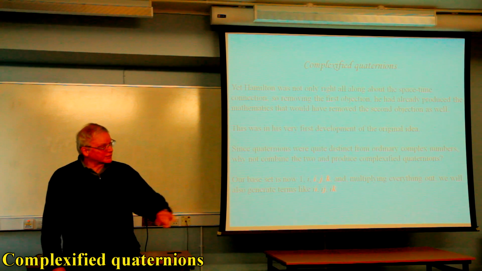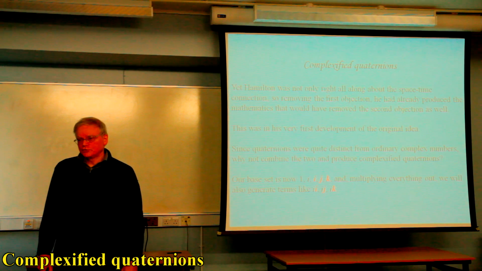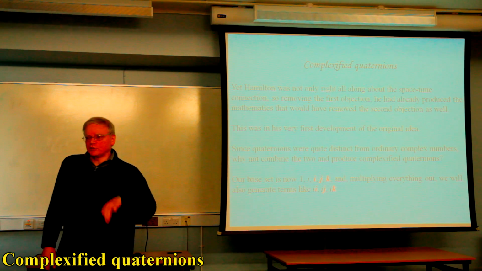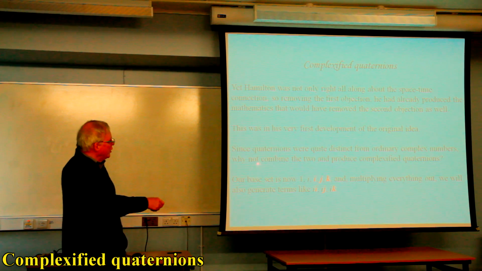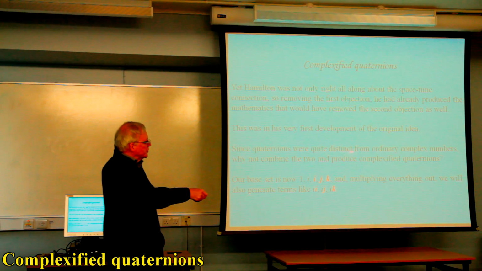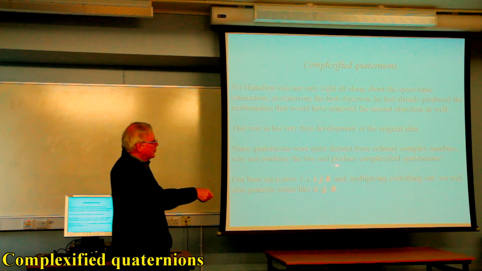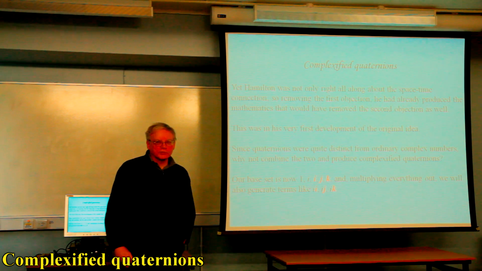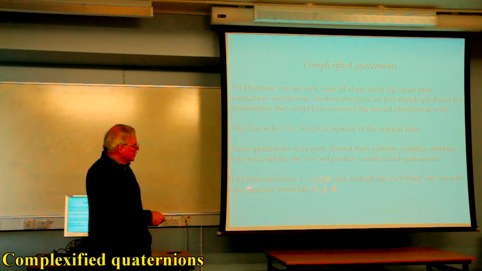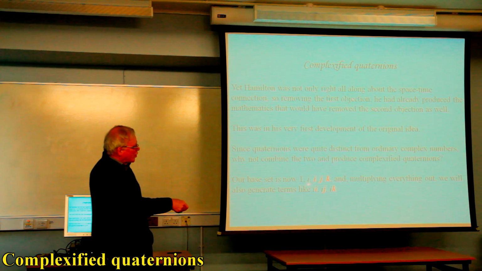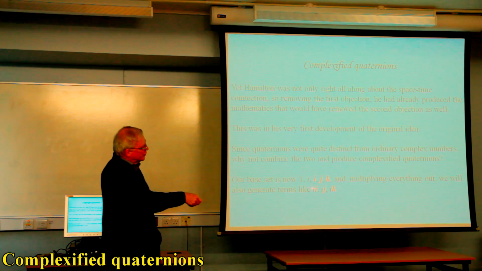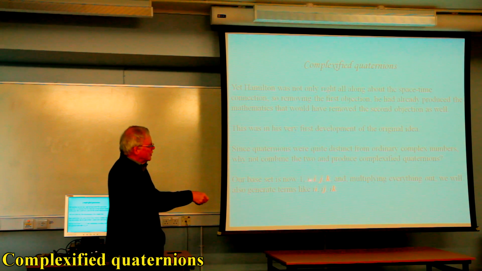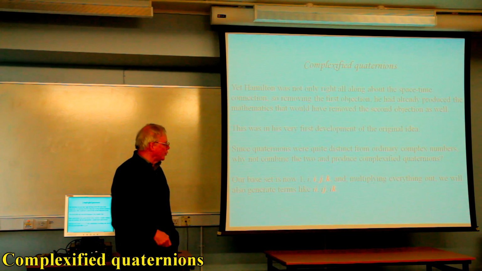You could complexify them. So you could bring in ordinary complex numbers as well into the equation. Since these are distinct from ordinary complex numbers, why don't we combine the two and produce complexified quaternions? And so we now start with not 1, i, j, k but 1 and the complex i, just ordinary square root of minus 1. No vector properties, no directional properties or anything, just a square root of minus 1.